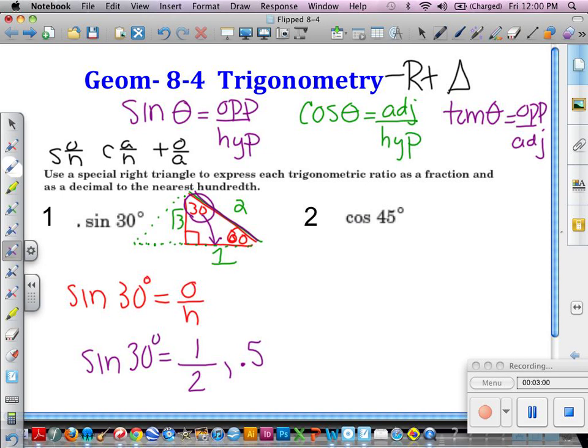Let's take a look at example number 2. This time I'm working with cosine of 45. So I need my 45, 45, 90 triangle. Remember, the legs are 1 and 1, and the hypotenuse is root 2.